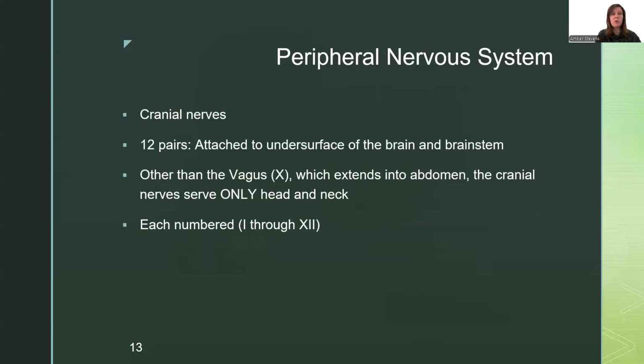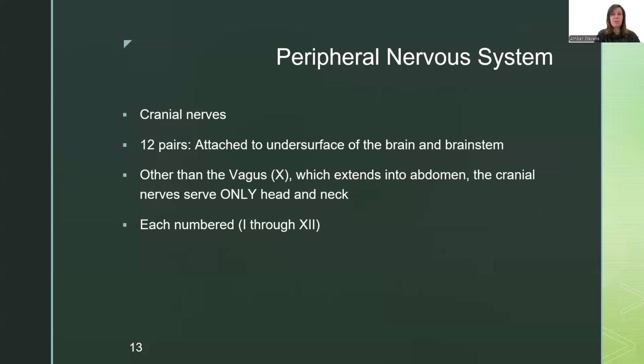All right, so cranial nerves, there are 12, and these are going to be very important to remember because you will be talking about all these cranial nerves multiple times throughout this program, okay? So the nerves connecting the brain to the spinal cord and then to other parts of the body are all considered the PNS, the peripheral nervous system.